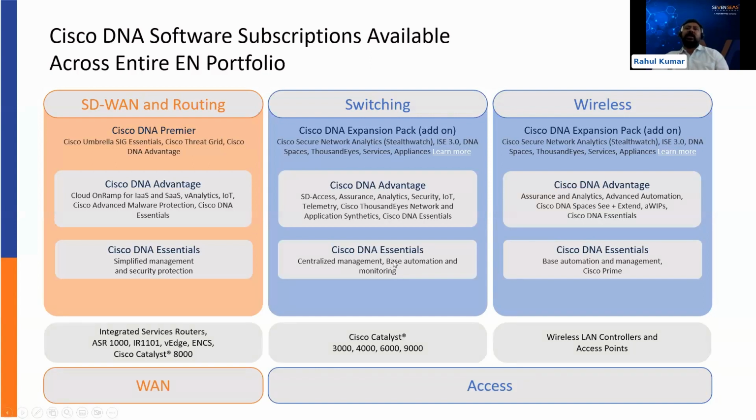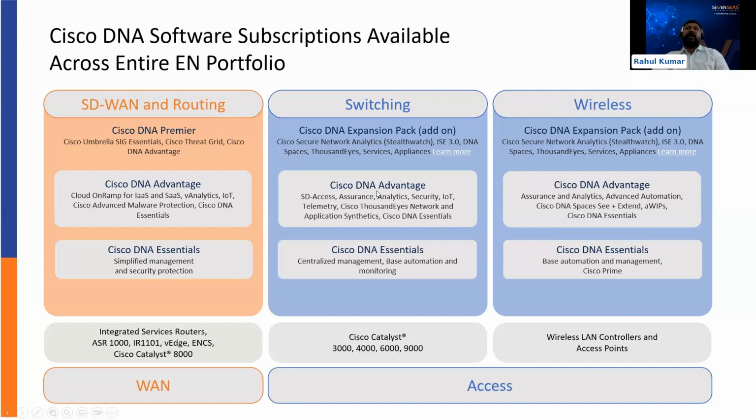So in switching, with Cisco DNA Essential, you will get the basic management and base automation licenses for DNA Center. Then if you opt for Cisco DNA Advantage, you will be able to deploy SD-Access, assurance, and analytics, so your segmentation and assurance, as in troubleshooting, will be covered in Cisco DNA Advantage licenses.